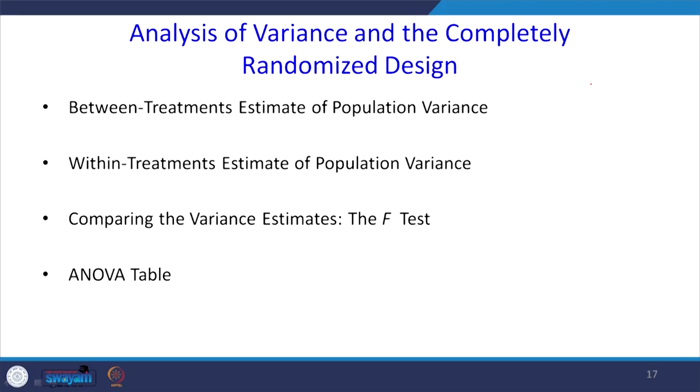The basic concept behind this is that we are finding the variance between the treatments and the variance within the treatments. That will go to your numerator, which is nothing but your SS treatment. That is why I wrote SSB.